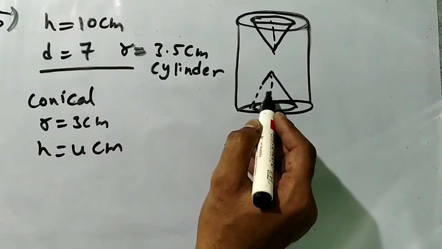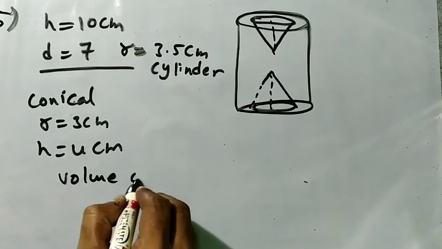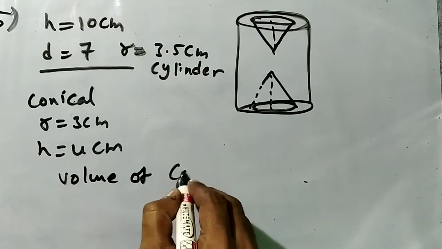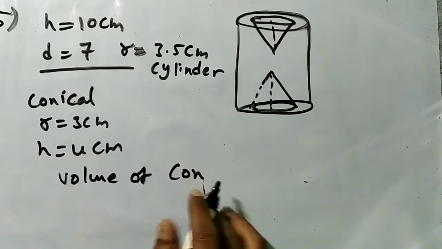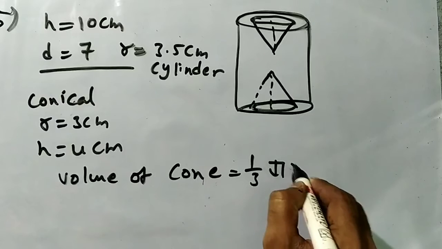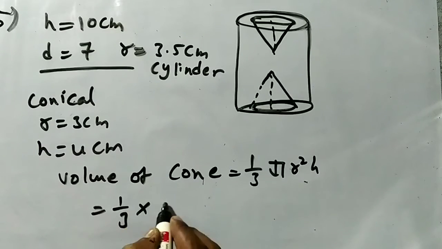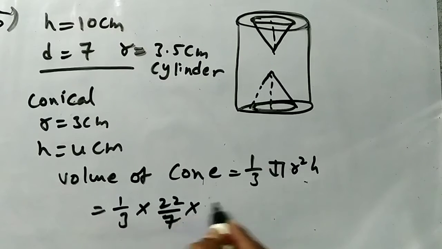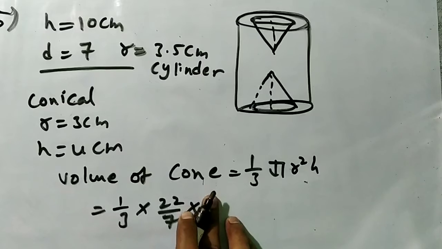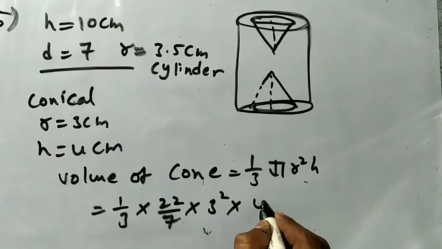The conical holes are in the shape of a right circular cone. The volume of a right circular cone is equal to 1 by 3 pi r square h. That is 1 by 3 into 22 by 7 into r, which is 3, 3 square is 9, into h, which is 4 centimeters.